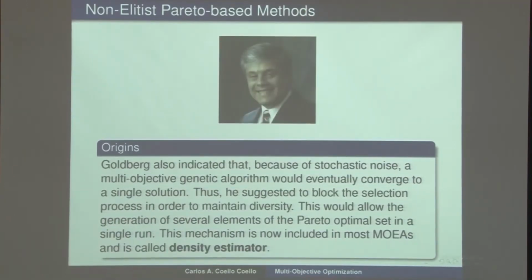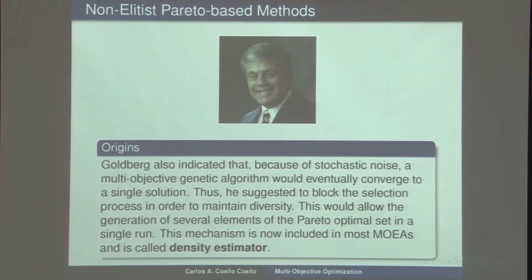Goldberg, who is a very smart guy, also figured out something else. He said because of stochastic noise, if you keep running the multi-objective genetic algorithm with this non-dominated sorting business, every solution will become equal. Everybody will converge to a single solution over time because random numbers in the computer are not really random, they are pseudo-random.